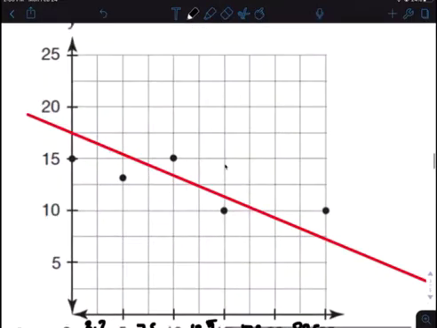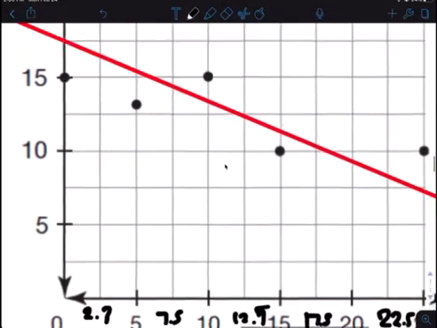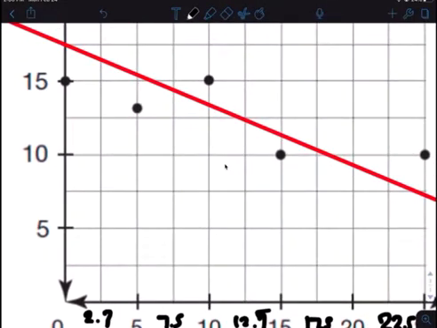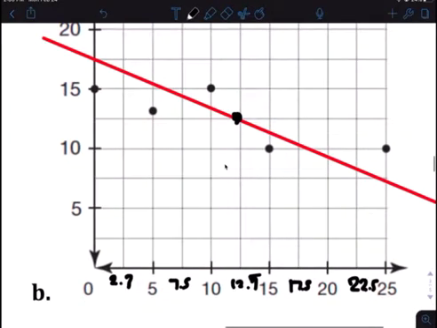All right, so I can choose this one. That's 12.5 and 12.5. And I can choose another dot, let's say 20.